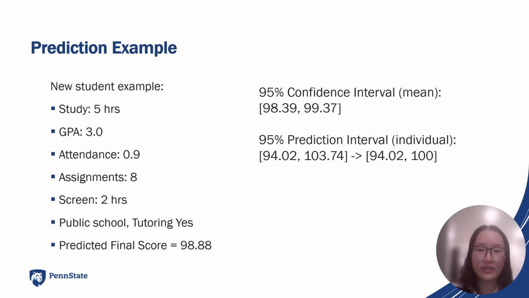For one individual student with those characteristics, we expect their actual score to fall between 94.02 and 100 points with 95% confidence.